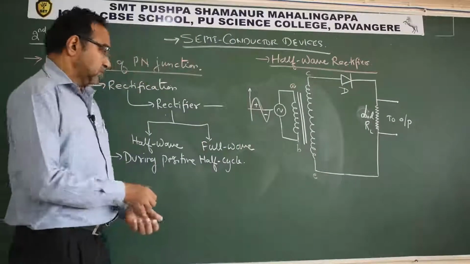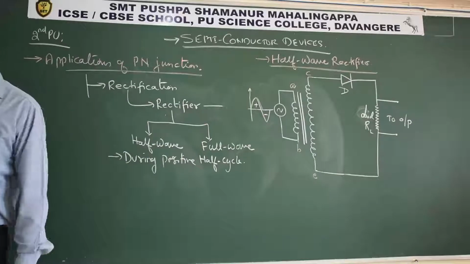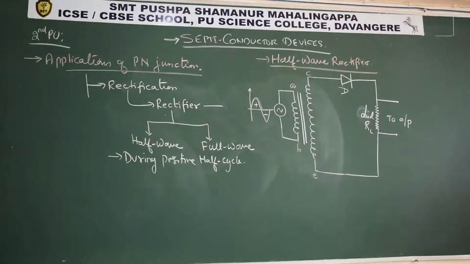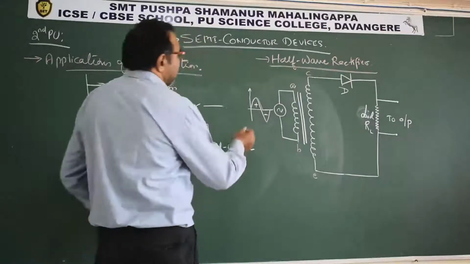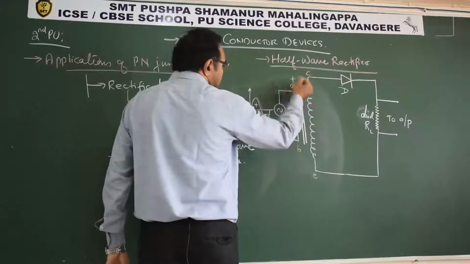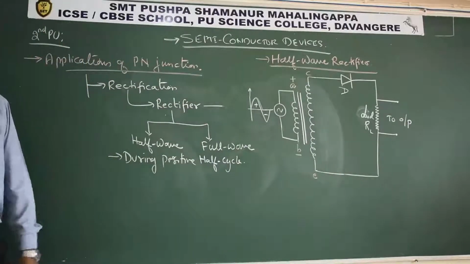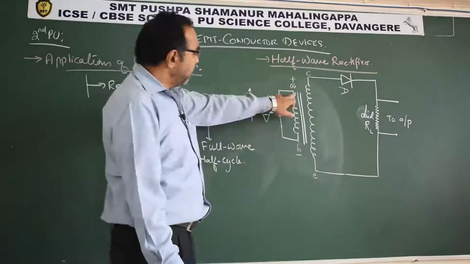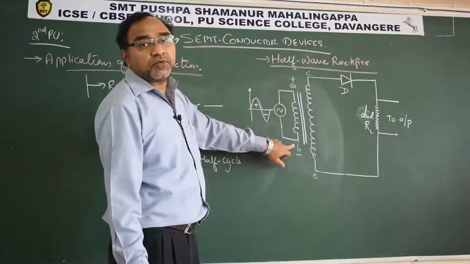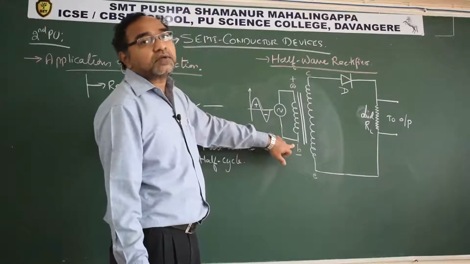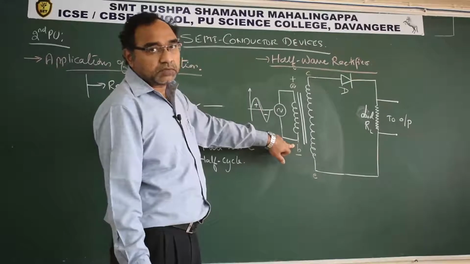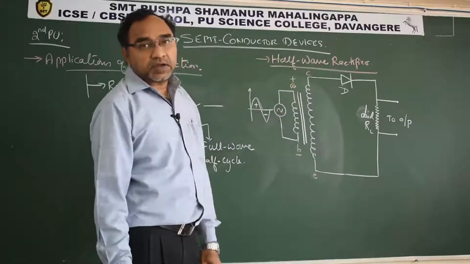Now, when the positive half cycle comes, what do we have? During the positive half cycle, A is positive, B is negative. This is what we will have, because these are the terminals known as the primary terminals of a transformer. Both cannot be positive, both cannot be negative.